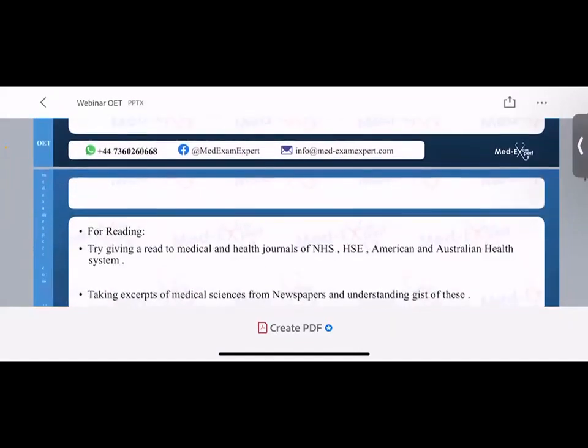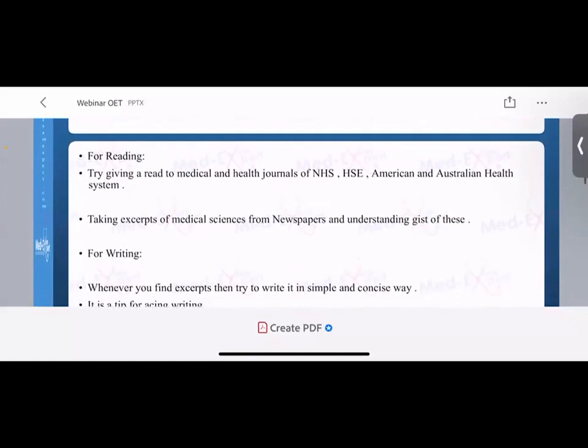And for reading, try giving a read to medical and health journals of the NHS, which is the UK health system, HSE, which is the Irish health system, and the American and Australian health systems. Take excerpts of medical science from newspapers and understand the gist of these. This is very important if you are going to book your exam and you think you are not capable enough to understand English.